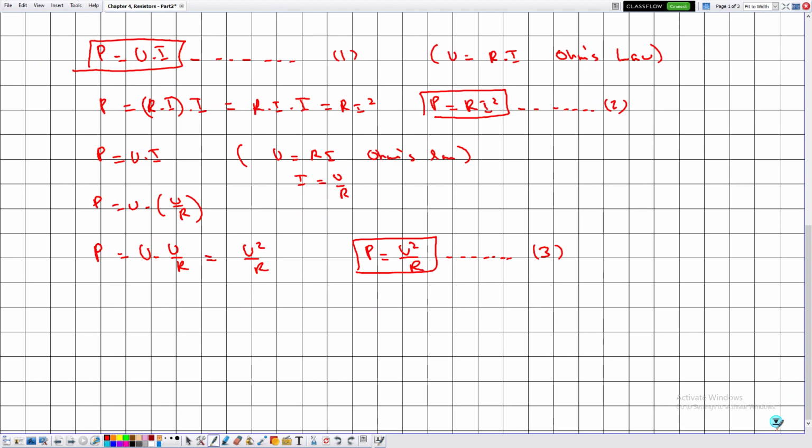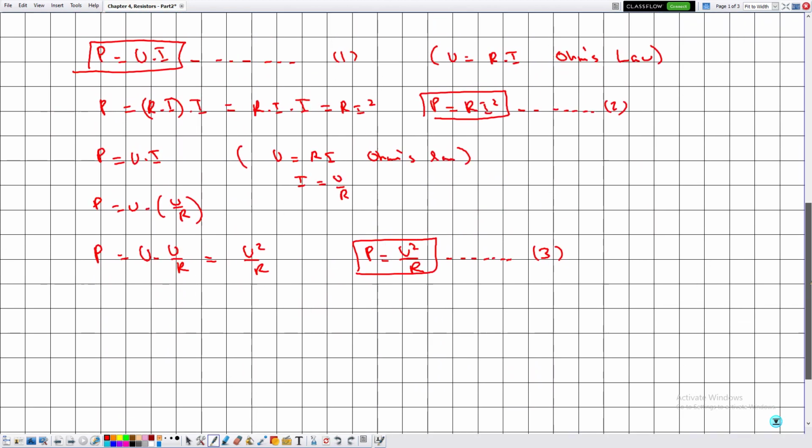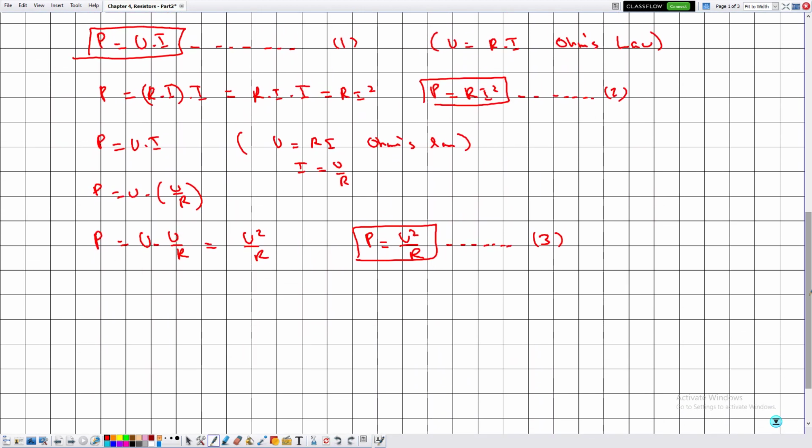So now in this case, we have three different forms for electric power. P is equal to U times I. This is the first form. The second form is given by P is equal to R I squared.